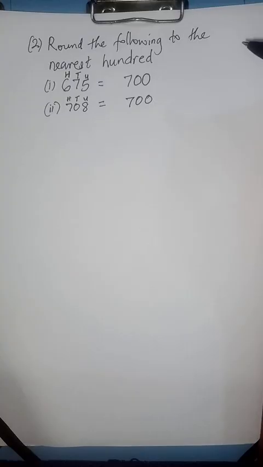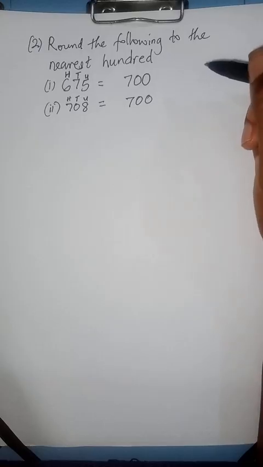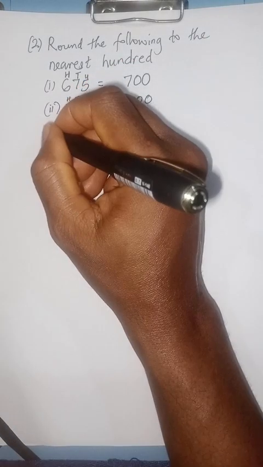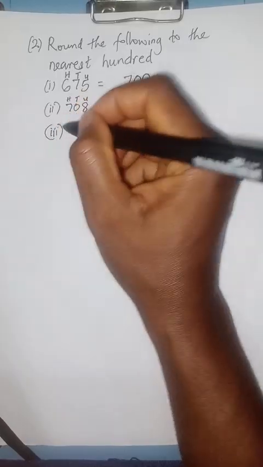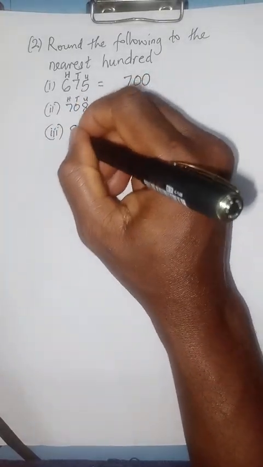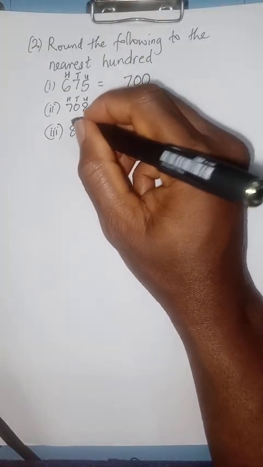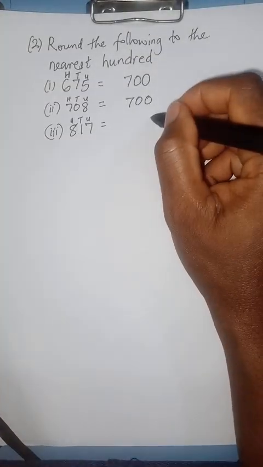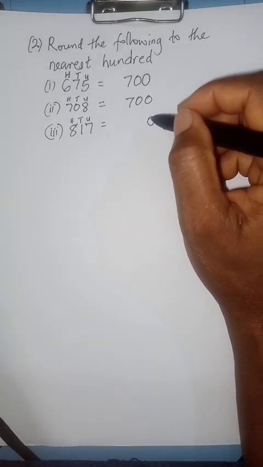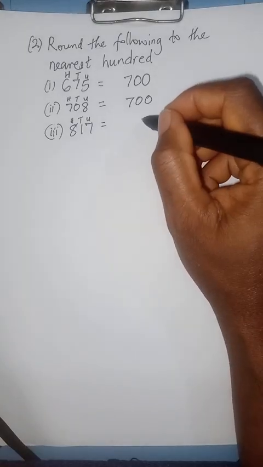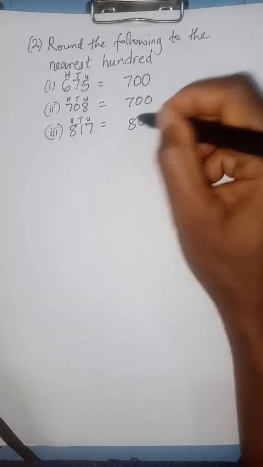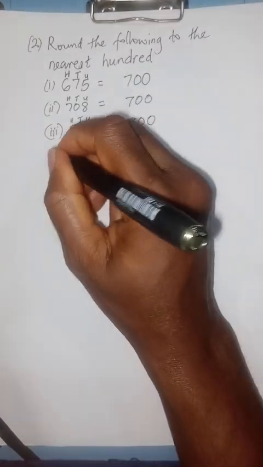So 708 is closer to 700 than it is to 800. Now let's go to Roman figure 3. I have 870. Again, our focus will be on the tens and the 100. Convert the unit to 0. The tens is 1, so I'm rounding down. Convert it to 0 and write 8. There's no need to increase the value of 8.